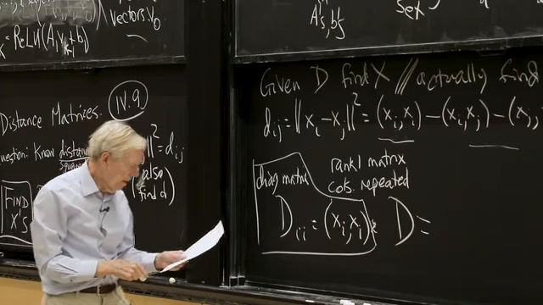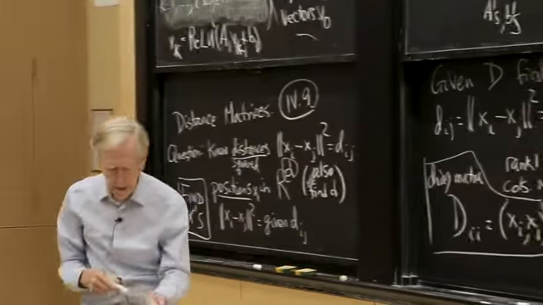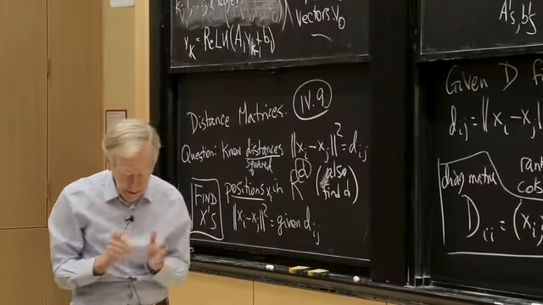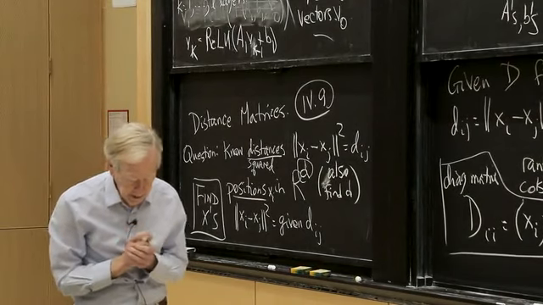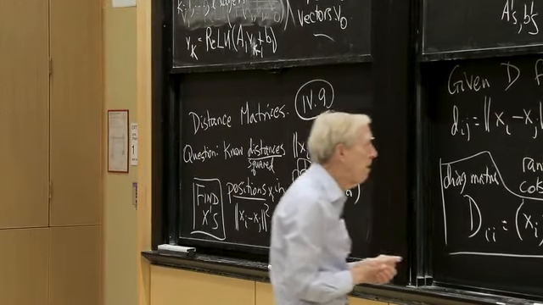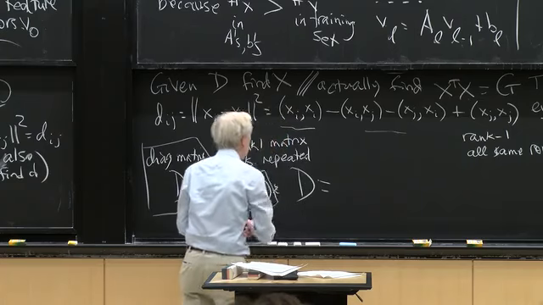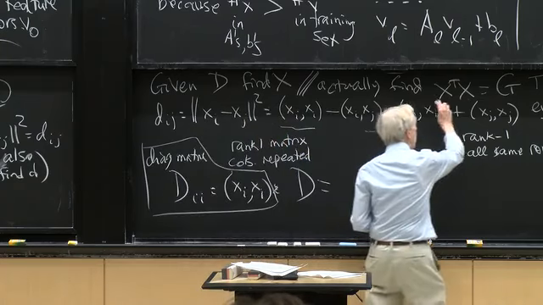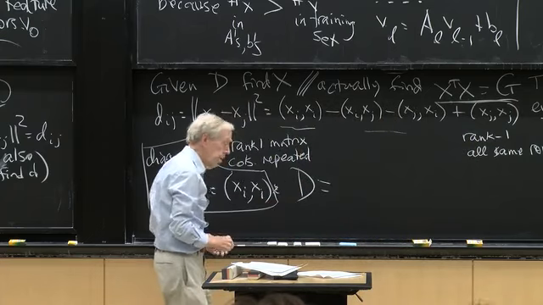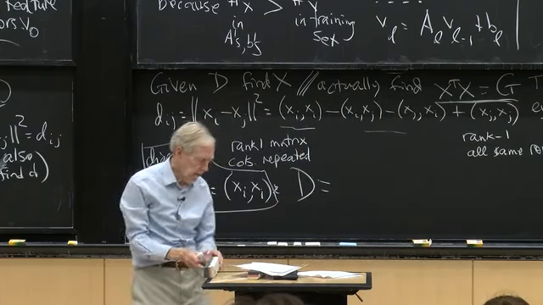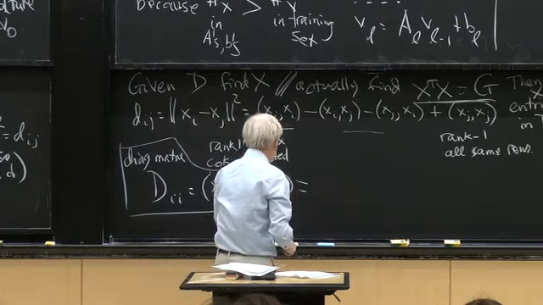So can I write down the equation that is fundamental here, and then we'll figure out what it means. So it's an equation for G, for the dot product matrix. Okay, let me make space for that equation.